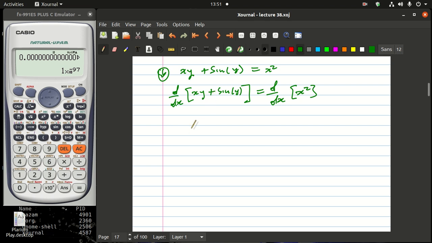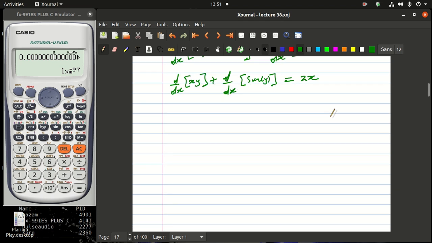And then because we have addition there, we're going to take the derivative of xy, and then we add the derivative with respect to x of sine of y, and then of course here, this one can be simplified to just 2x.